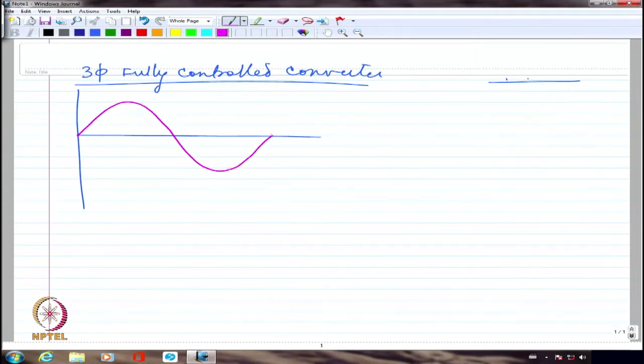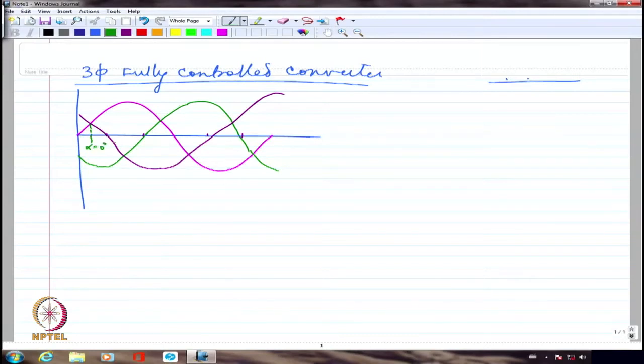So this is my sinusoid. So this is R or A phase, this is the second phase, and this is going to be the third phase, right? So these are the three phases. So this is the three-phase waveform, and we said that this is going to be alpha equal to 0 degrees.